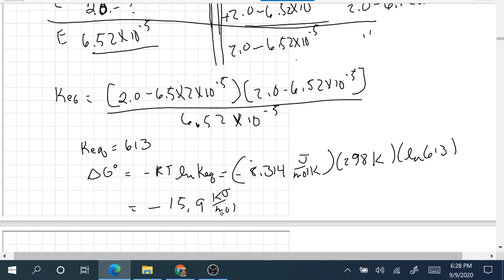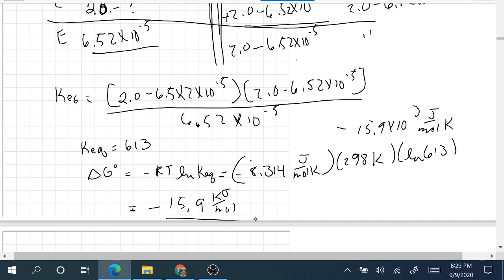So we need to convert it, so that's going to give us 15.9 times 10 to the third joules per mole, and then the final answer we have it converted to 15.9 kilojoules per mole by dividing by 1,000.